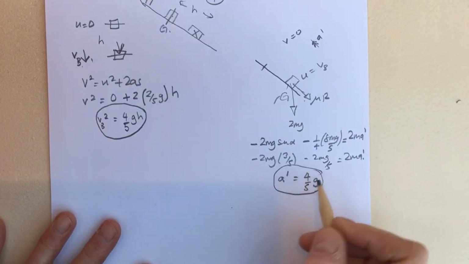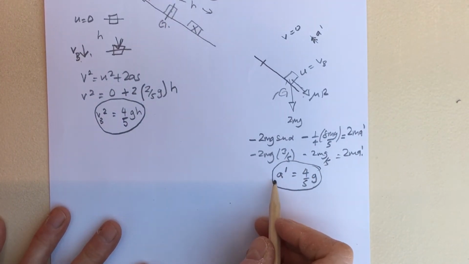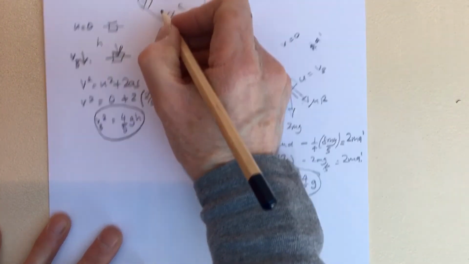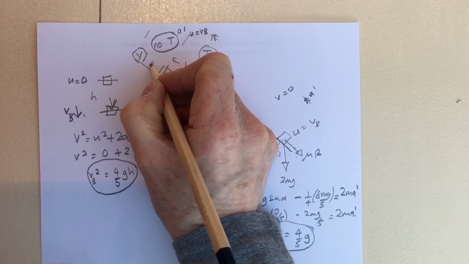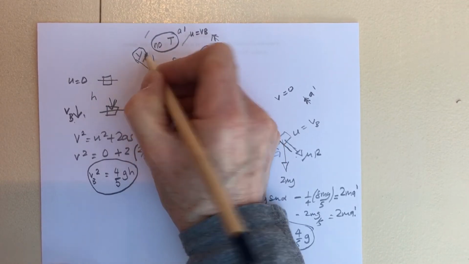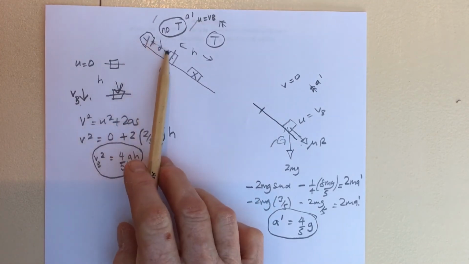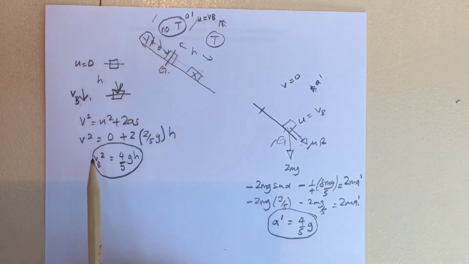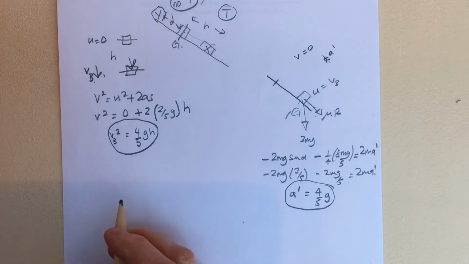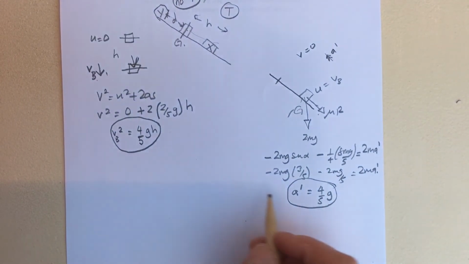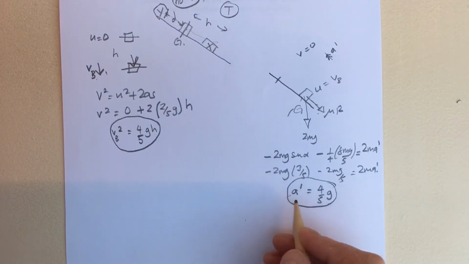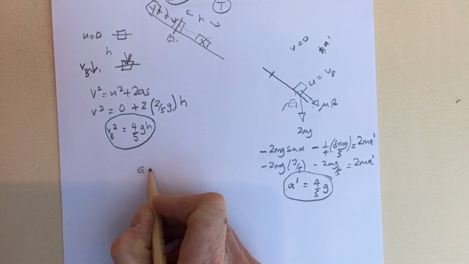Okay, so this new acceleration we can now use to find out what this distance is here. If we call that d, because ultimately we need to add that d to this h to find the total distance XY. So we can now use this a for this last portion of the motion.